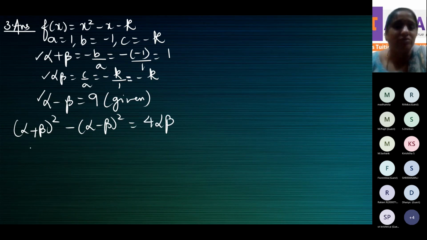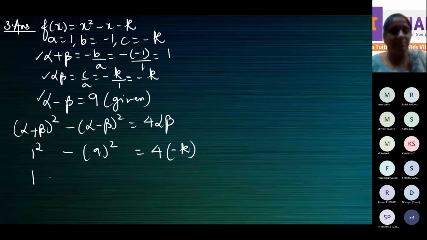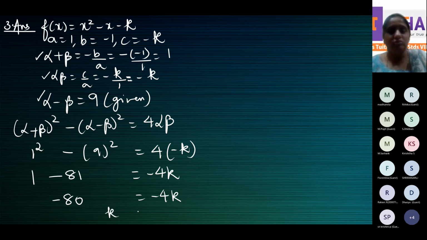So now just substitute. This is 1 square minus 9 square is equal to 4 into minus k. So 1 minus 81 is equal to minus 4k. Minus 80 is equal to minus 4k. So you get k is equal to 20. The value of k is 20.